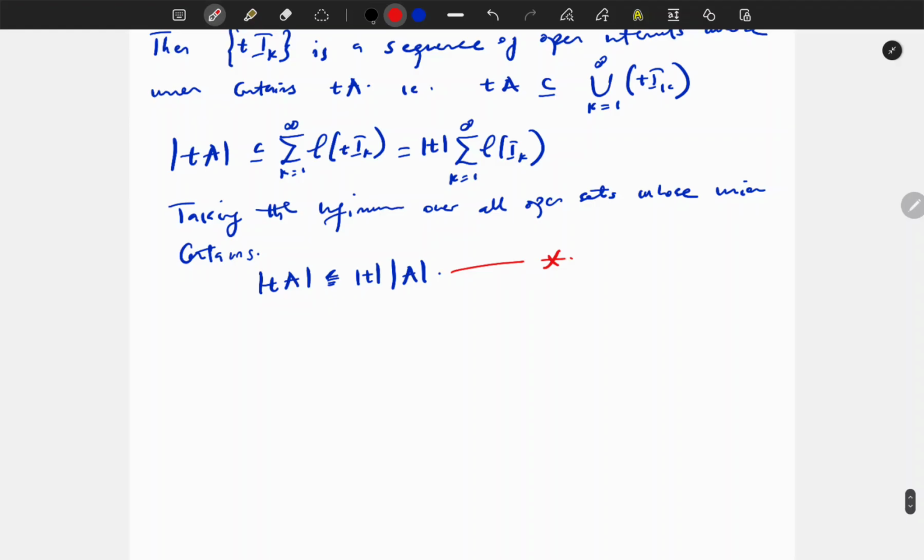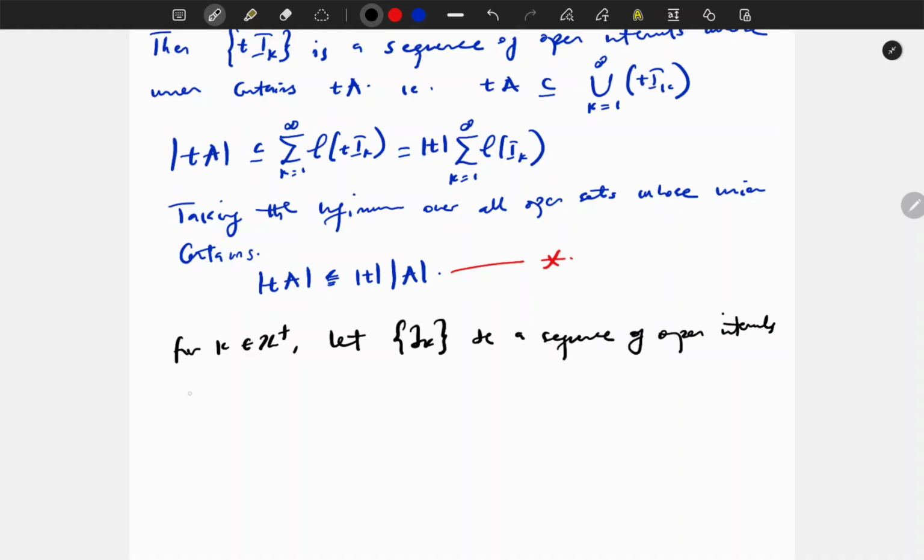So let's prove the second direction. Let's define another sequence of open intervals. Let J_k, for k a positive integer, be a sequence of open intervals whose union contains tA.